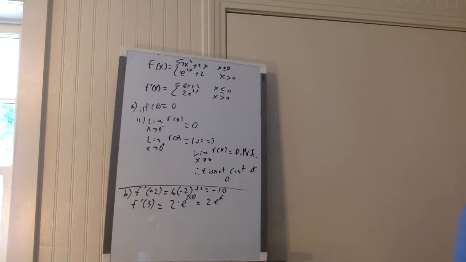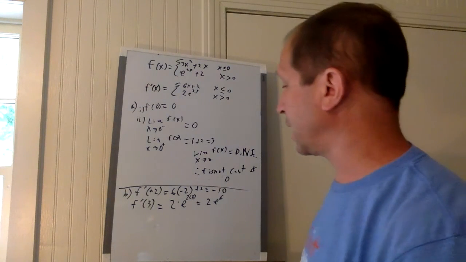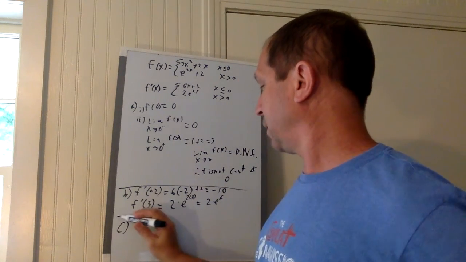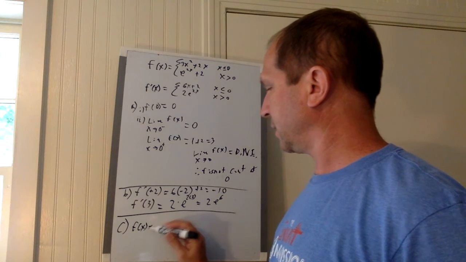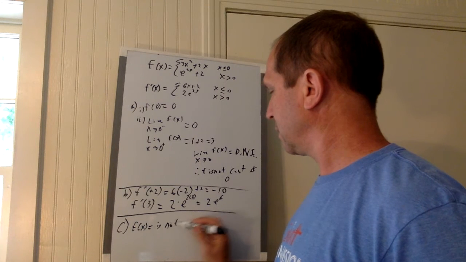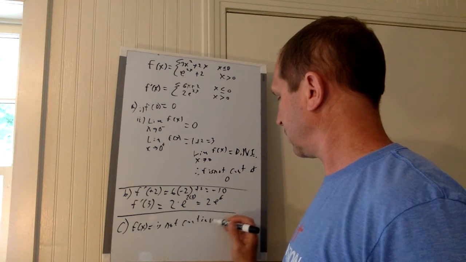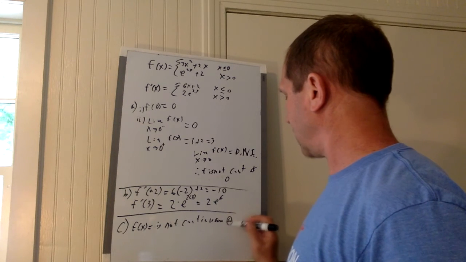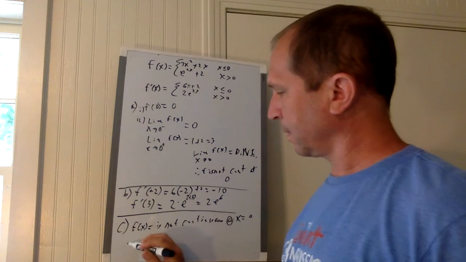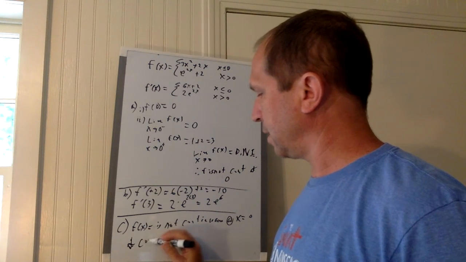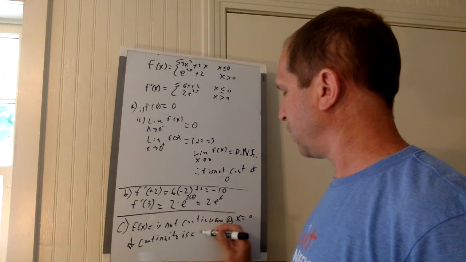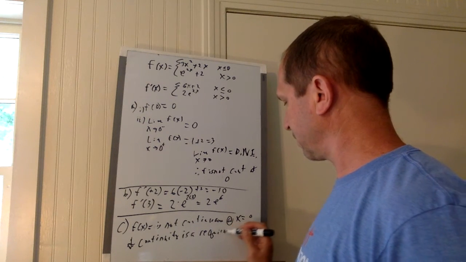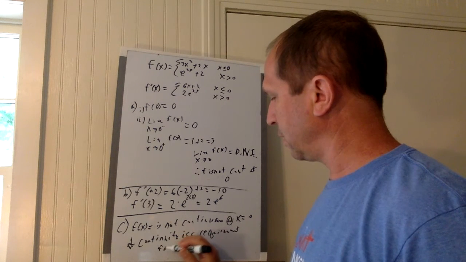On to part C. Explain why f prime of 0 does not exist. Well, f prime of 0 does not exist because f of x is not continuous at x equals 0, and continuity is a requirement for differentiability.